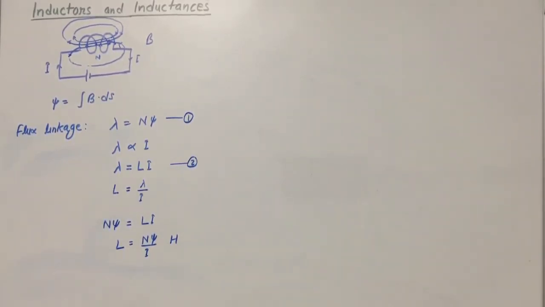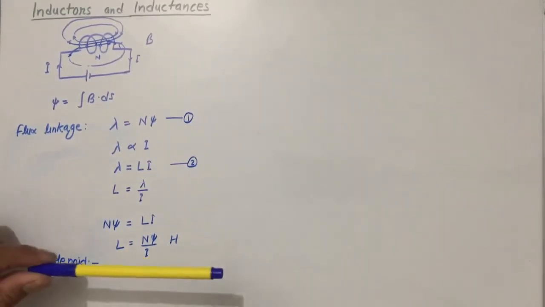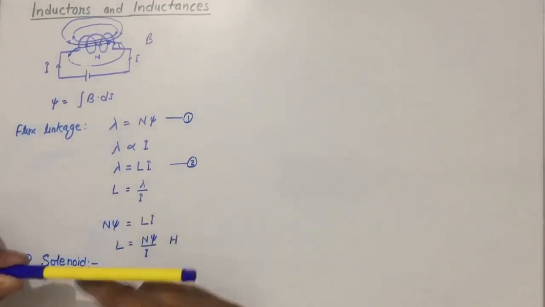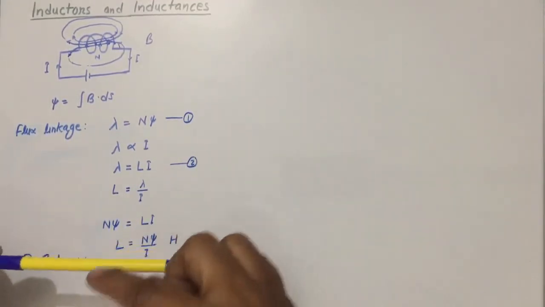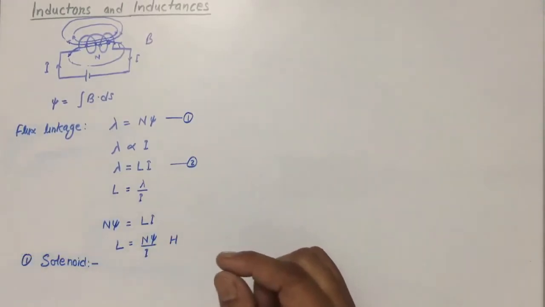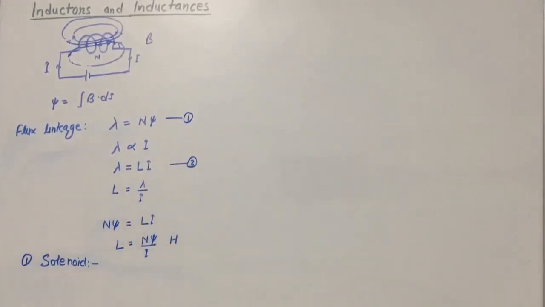Now inductance we can derive in different configurations. Among them, the first one is the solenoid. Solenoid means this is the structure: wrap a wire and remove the core. The structure that we have is a solenoid.